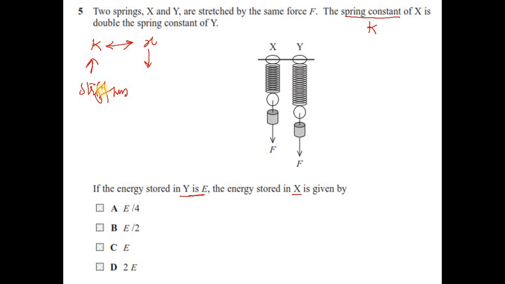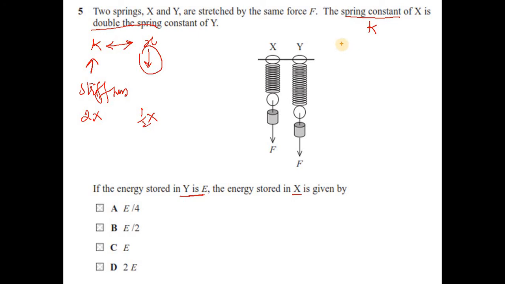If stiffness is increased, that means for a given amount of force, it is difficult to create extension in that kind of spring. In this case, if K is double, then the extension should be half of the previous one.